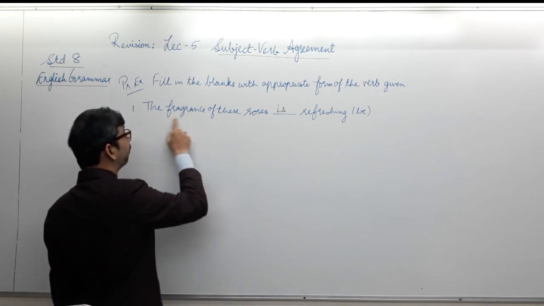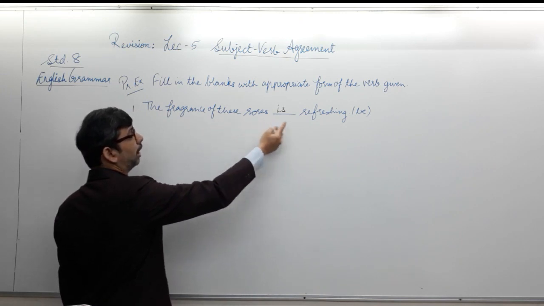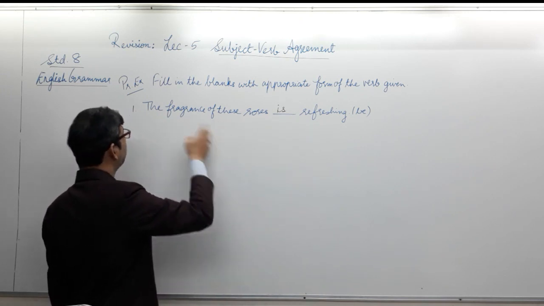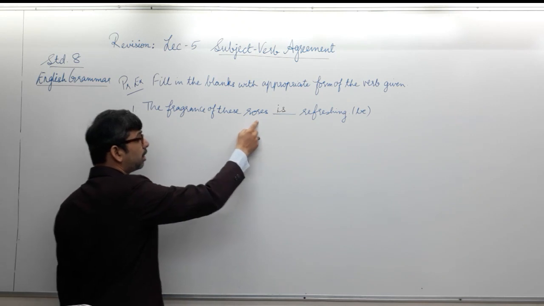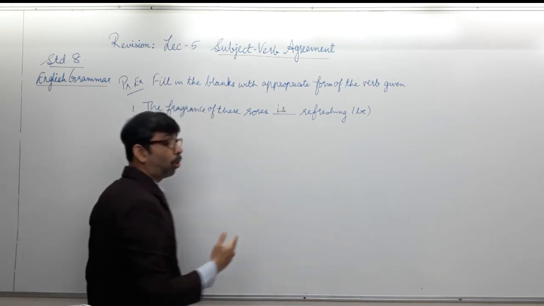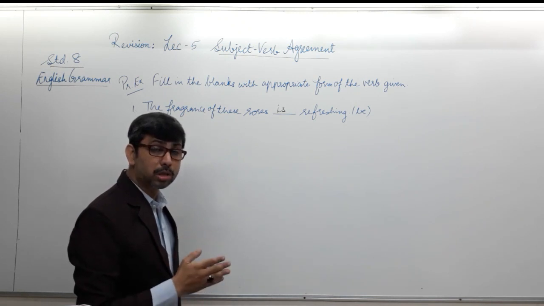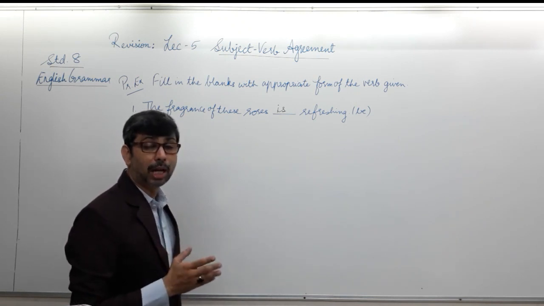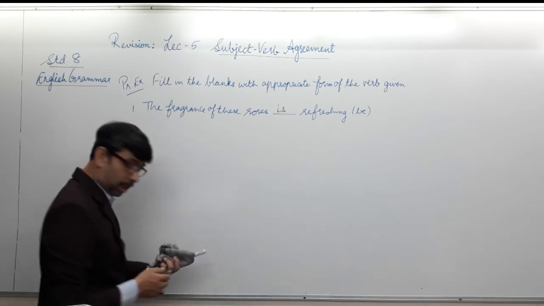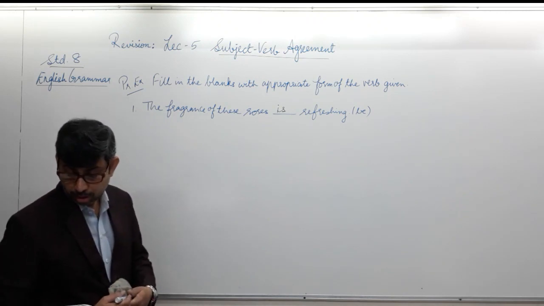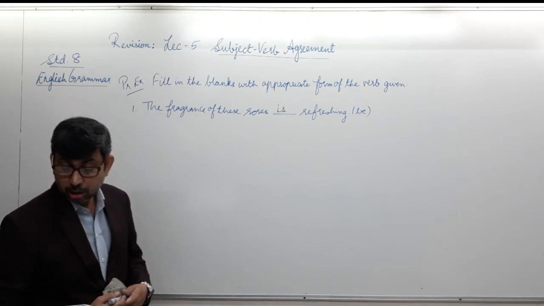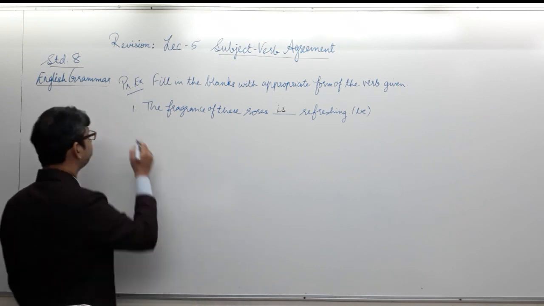But here, the fragrance of these roses is refreshing. Another thing, the fragrance of these roses was refreshing, in case you want to talk about the past. But even in this was, the verb is singular and not plural. Let's move ahead to the next one. The name of a movie, The Lord of the Rings.